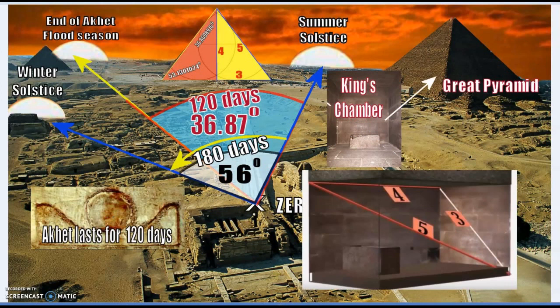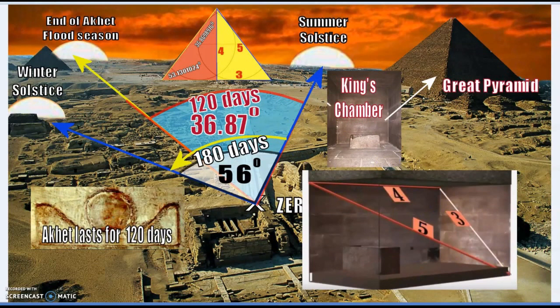360 days, 3 months, 3 seasons of 120 days times 3 is 360, plus you have 2 to 3 days of summer solstice, 2 to 3 days of winter solstice, and there's your 365 day calendar. And again, we also have a 3, 4, 5 triangle in there.